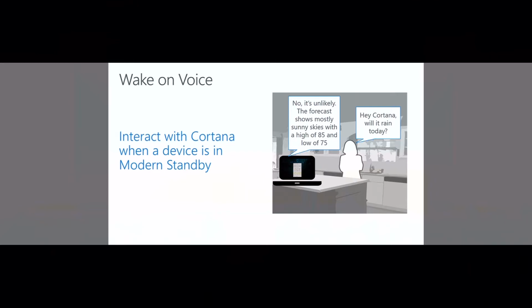In this example, the user asks their modern standby device, "Hey Cortana, will it rain today?" The device quickly wakes and resumes from disconnected or connected standby and passes the command or question over to Cortana, who responds with the answer. Additional hardware is required to enable this scenario, including a hardware DSP and mic array that support far-field audio.